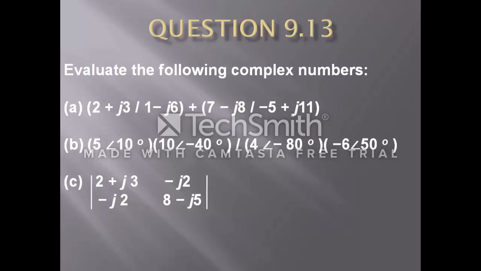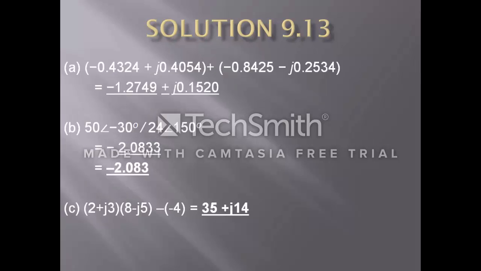And the last part is the determinant form. We have to solve this determinant, that is 2 plus j3, minus j2, minus j2, 8 minus j5. So the solution for 9.13 for the A part is solving the parts and changing it into rectangular form.